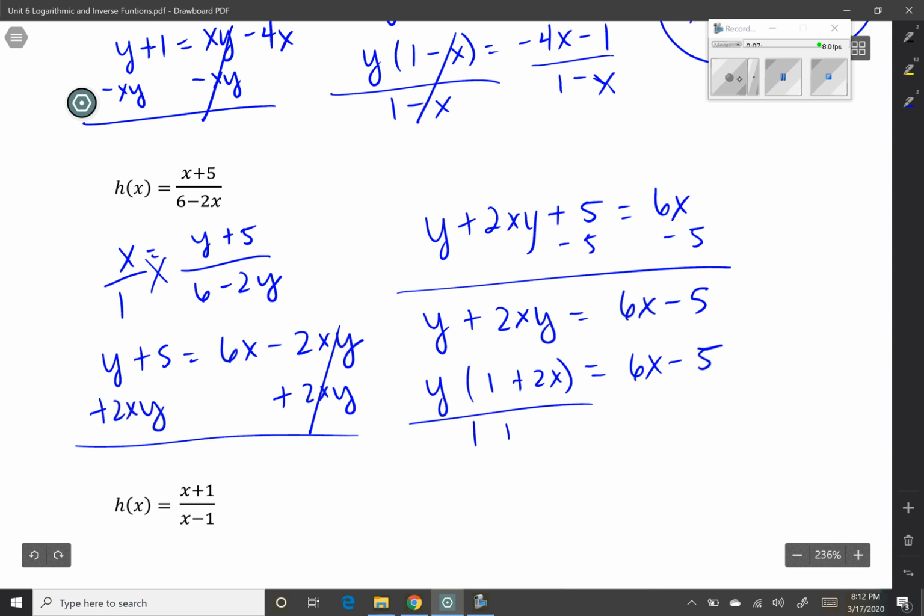Divide both sides by 1 plus 2x. And we get our final answer, which is y equals 6x minus 5 divided by 1 plus 2x. Since it's a function, we can use function notation too here. I'm running out of space, but I'll fit it. And this is 1 plus 2x. There you go.